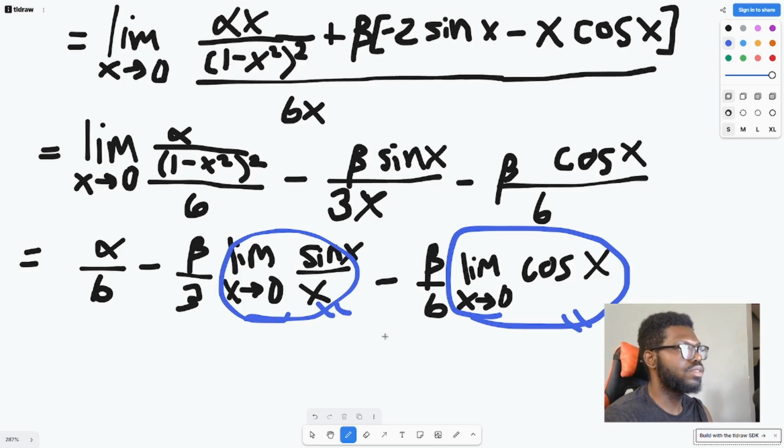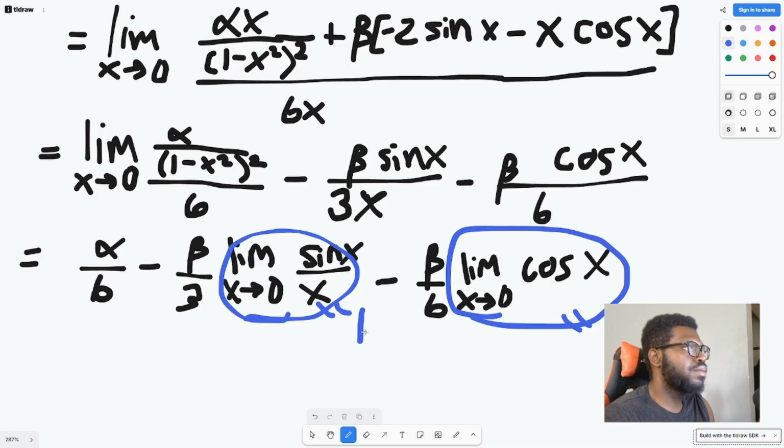Now, in all calculus classes, you learn right away that the limit as x approaches 0 of sine x over x is 1. Typically, you just memorize this because this limit is pretty important. It comes up pretty frequently. But if you're familiar with L'Hopital's rule, which at this point, I hope you are, you can see that this limit is equal to 1 using L'Hopital's rule.